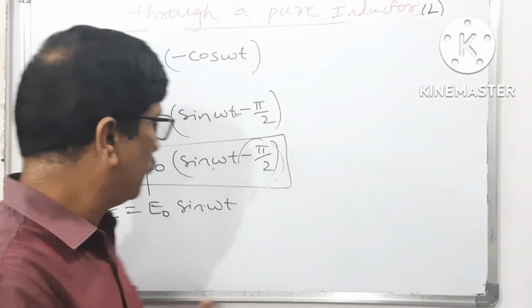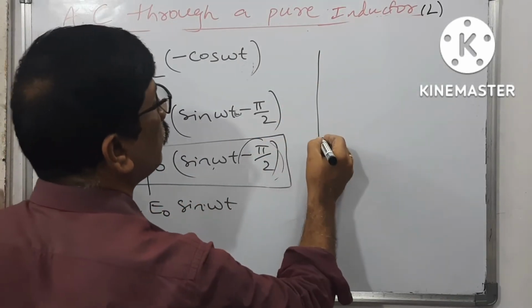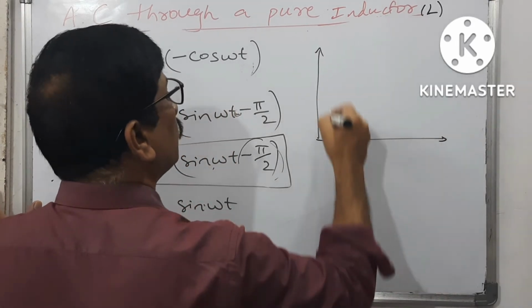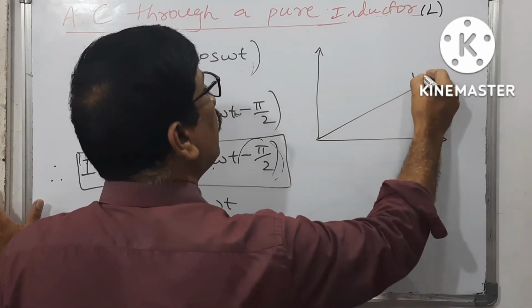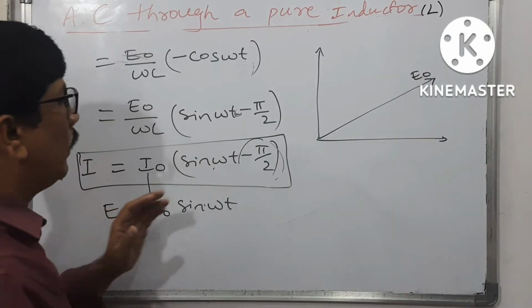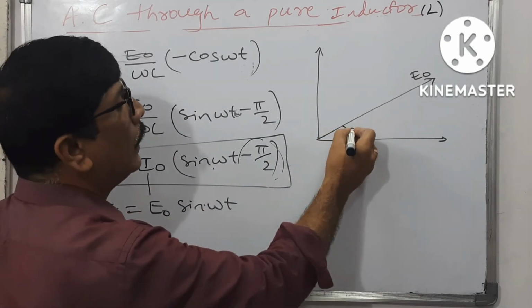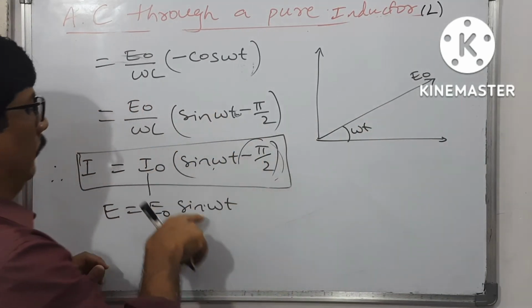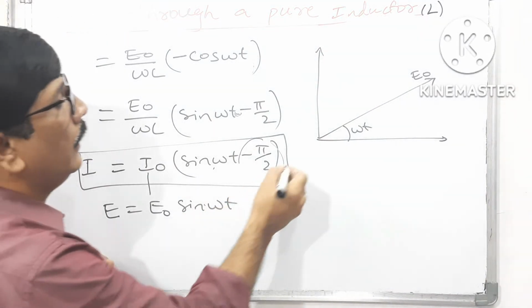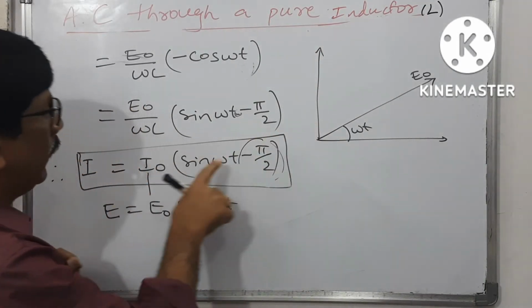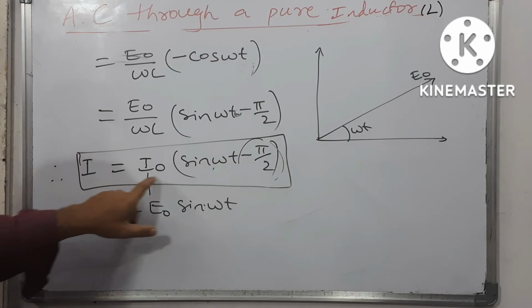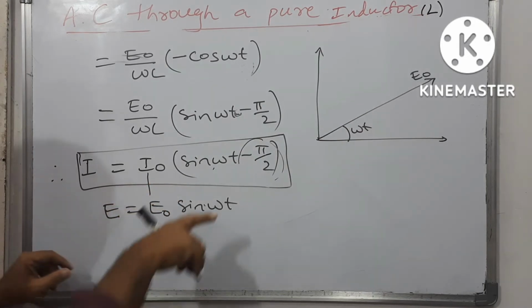Now I am going to explain the phasor diagram. In the phasor diagram, if the electromotive force is making an angle omega t, then the current is 90 degrees behind. You see the current relation and the electromotive force relation.